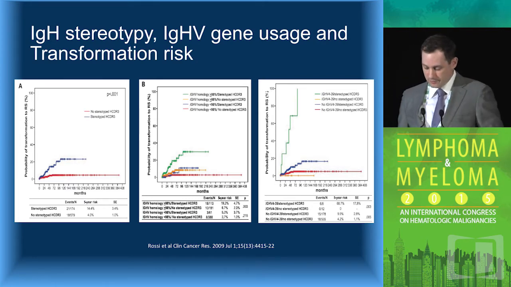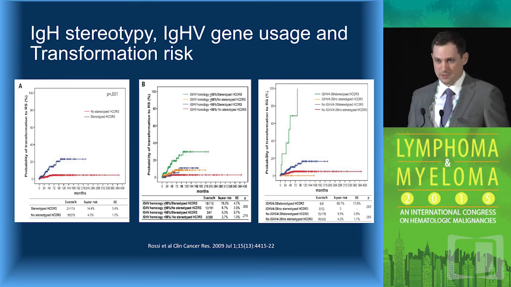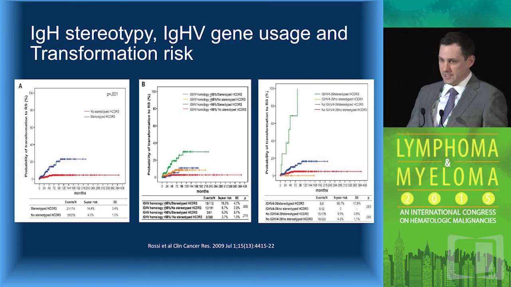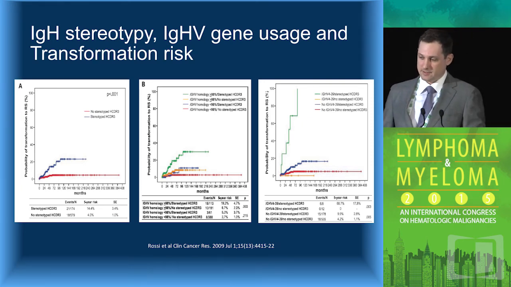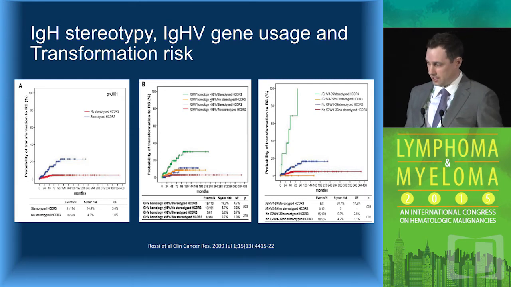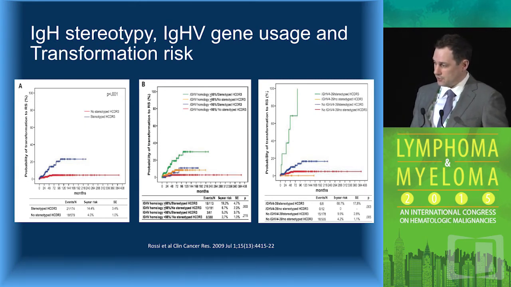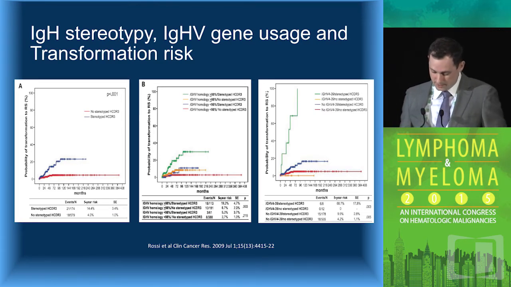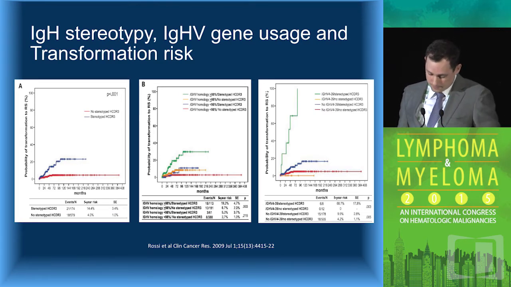About 30% of CLL patients exhibit a stereotyped B-cell receptor, which essentially is a VDJ combination that is more commonly seen in CLL than would be expected by random chance. And you see here that if you have a stereotyped B-cell receptor, your chance for Richter's, again, at 6 or 7 years is approaching 20% versus those who do not.